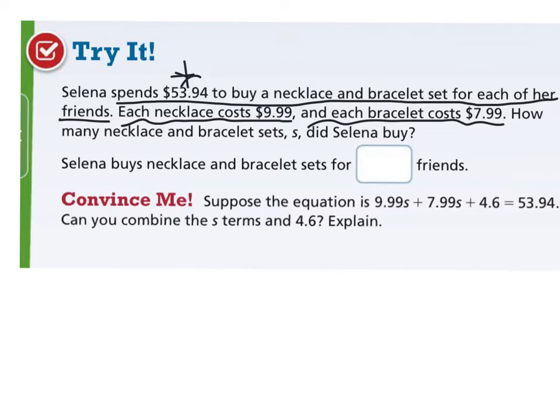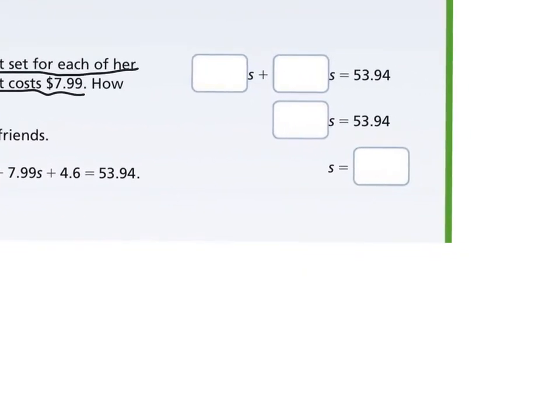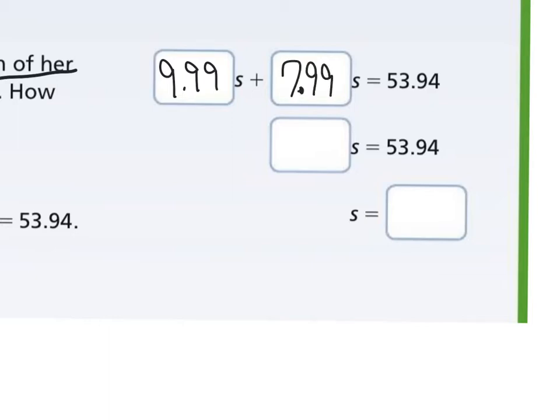So there's different ways you could do this. They're suggesting over here that we do an equation. So if we do an equation, we've got the cost of the necklaces, $9.99 times however many sets we buy. And then the bracelets are $7.99 times however many sets we buy. Those are like terms, so we can add them together.